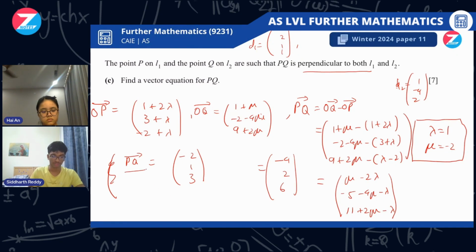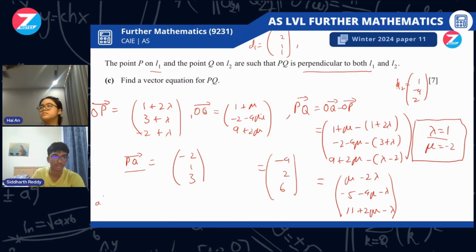So now we've got the direction vector of PQ. All we need is a point on the line and we can form the parametric equation. Any point will suffice, well, not any point actually: we have to substitute lambda to find the point where it intersects.